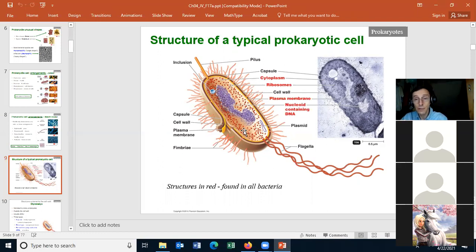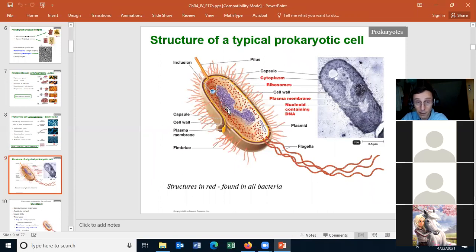Why do we call the nucleoid region a region of the cell? It's just an old term that microbiologists use. When they first started staining cells, they noticed that the nucleoid region stained differently than the rest of the cytoplasm. And the reason it stains differently is because DNA stains differently.